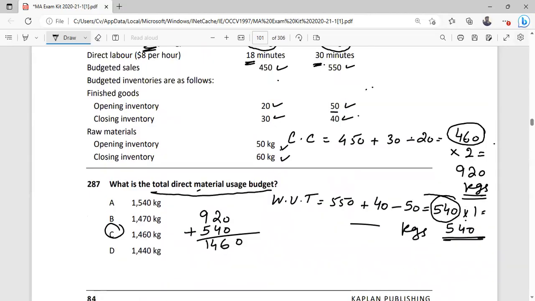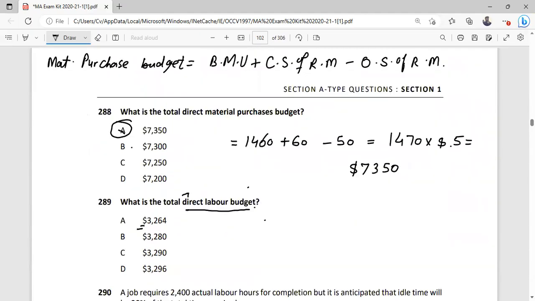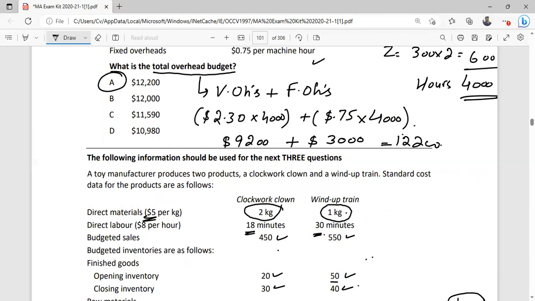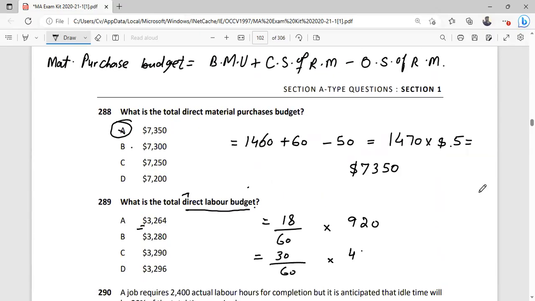We have 18 minutes and 30 minutes. So first of all, we will calculate labor hours. 18 by 60 into 920, 30 by 60 into 540.